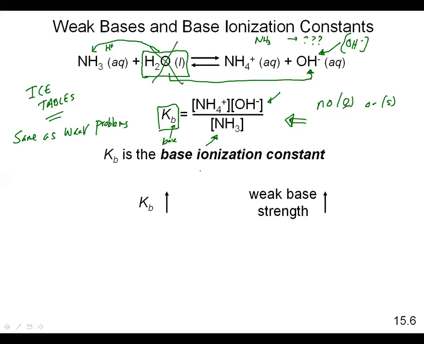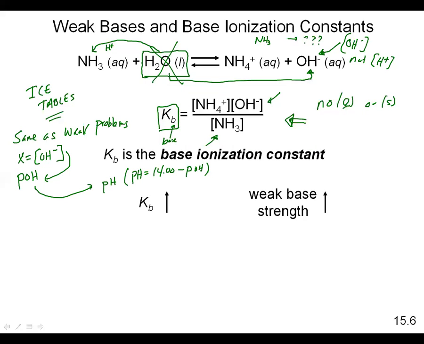So when you go through your ICE table and solve for X, that is usually going to be the hydroxide concentration, which means you cannot directly get the pH from that. You first have to go to the pOH, and then from the pOH, you need to go to the pH. So that's the slight variation in these types of problems when you're dealing with weak bases.